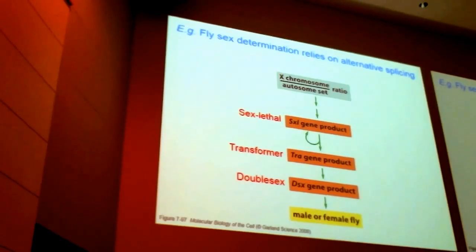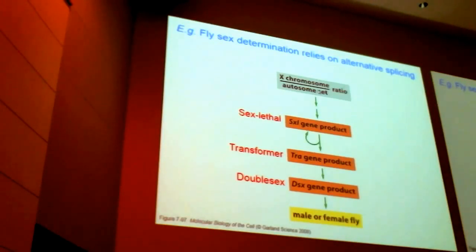So remember I said that this whole X inactivation process, or changing the dosage of X, is only to make sure that expression is the same in male and female. And how that's really controlled is by taking a ratio of the X chromosome to the autosome set. Yes, organisms can do math.